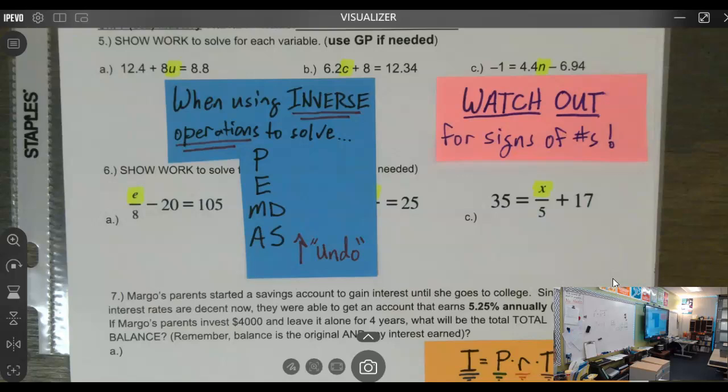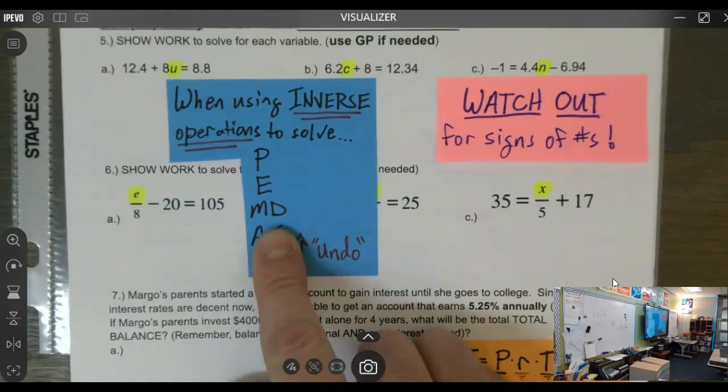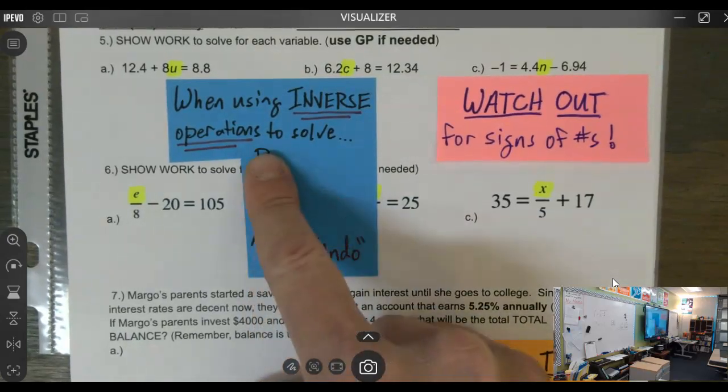All right. What I was noticing on 5 and 6, aside from people avoiding these problems, or people just saying, oh, I'm comfortable with these, I'm gonna do those problems, and then you skipped some other ones. When we're using inverse operations, the safest way to do it is undo them in the inverse order.